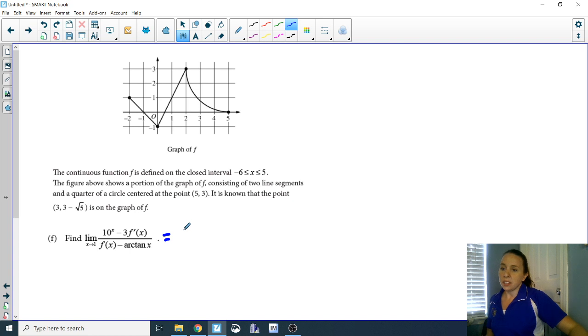When I first did this one, I was like, oh, this is going to be 0 over 0, and we're going to have to use L'Hopital's rule for sure. It wasn't. What's the first thing you should always try when evaluating a limit? I'll tell you, direct substitution. Take that x, sub it in, see what happens. You need to make sure you're getting an indeterminate form before you do something else.